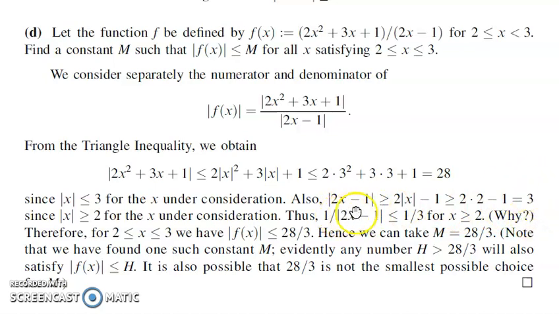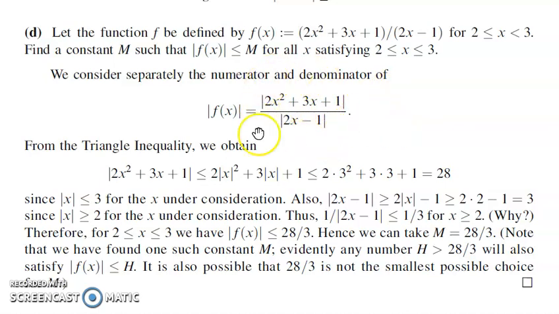Which in turn means that if we move the 3 onto the left hand side and modulus of 2x minus 1 onto the right hand side, we get 1 by modulus of 2x minus 1 less than 1 by 3, which is what is required. So 1 by modulus of 2x minus 1 is less than 1 by 3. Modulus of 2x square plus 3x plus 1 is less than 28.